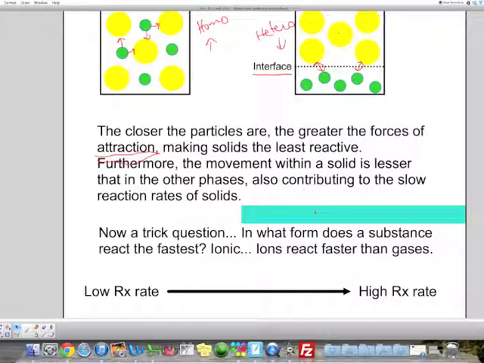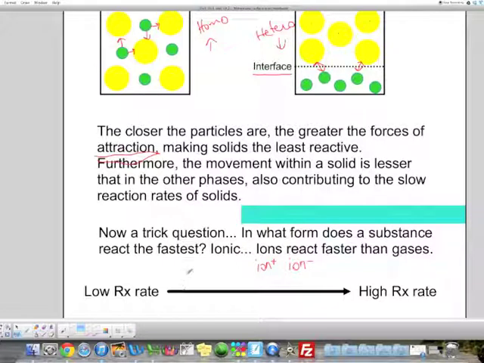Because ions are unstable. They carry a charge, right? So they're really eager to react. So whether I have a positive ion or a negative ion, it doesn't matter because it has a charge. It wants to react badly to become more stable. So these will react faster than a solid, a liquid, or a gas that are neutral.